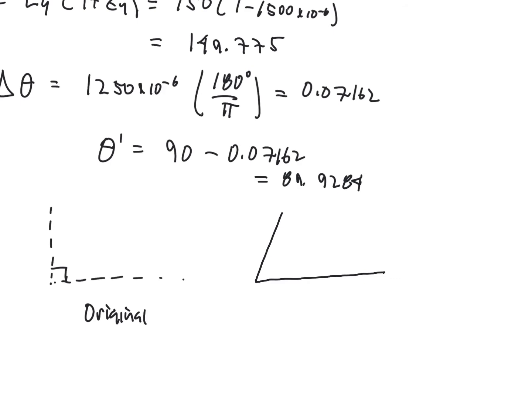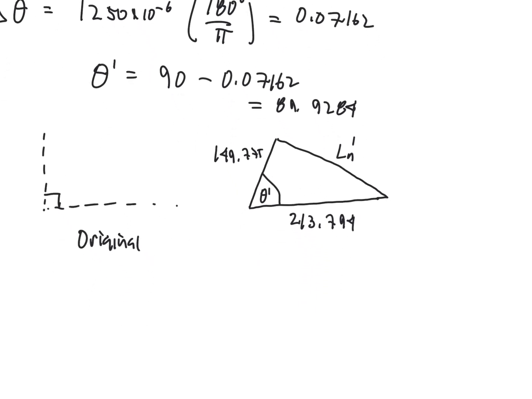So this one is 213.794. This one is 149.775. There is our new diagonal length. Let's call that L sub n prime. And then this angle is our theta prime.